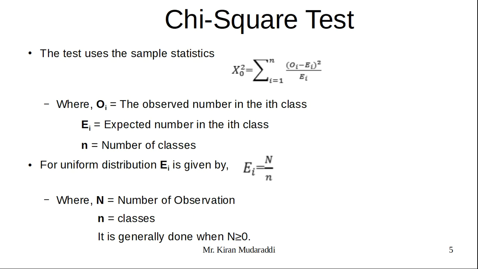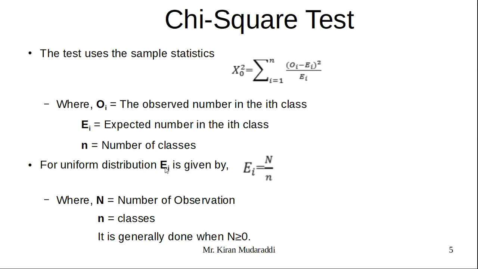So let us understand the chi-square test. The chi-square test uses the following two formulas. One is chi-square and the other is EI. We need to calculate these two values. Chi-square is equal to the summation of i equal to 1 to n of (OI minus EI) whole square divided by EI, where OI is the observed number in the ith class, EI stands for the expected number in the ith class, and n stands for the number of classes.